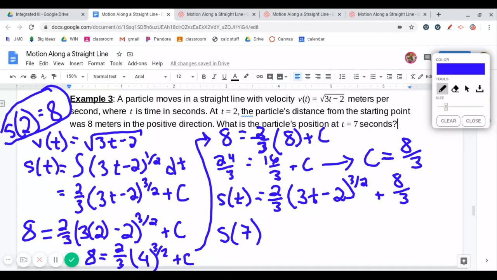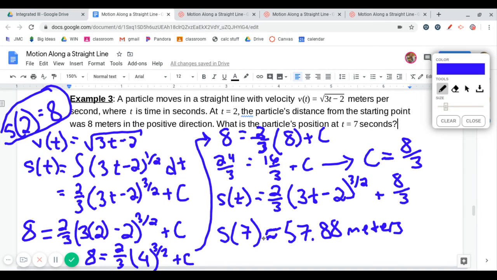We plug in 7 for every t, and when you simplify that, you end up with approximately 57.88 meters, which is about where the particle's position is at t equals 7 seconds.